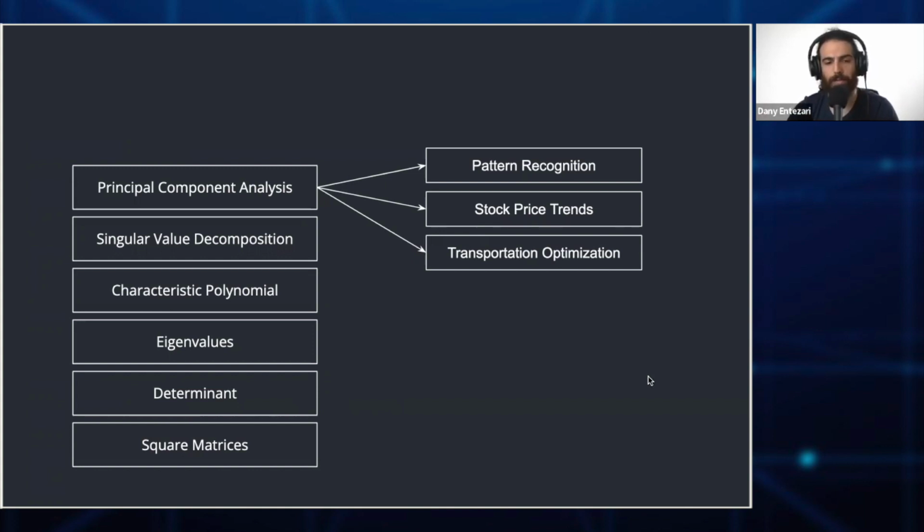And the prerequisite for understanding SVD is knowing something called a characteristic polynomial, the determinant function, from which we can extract eigenvalues and eigenvectors. I have a good sense most of you have heard of eigenvalues and eigenvectors. Okay. And of course, we can only apply the determinant function to a square matrix, which is one of the many matrices that we will encounter, but perhaps the one we will focus mostly on.